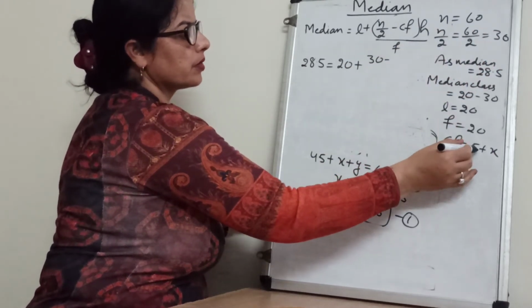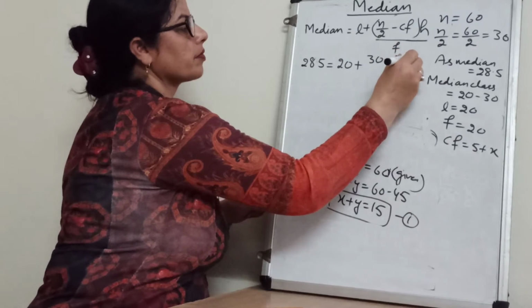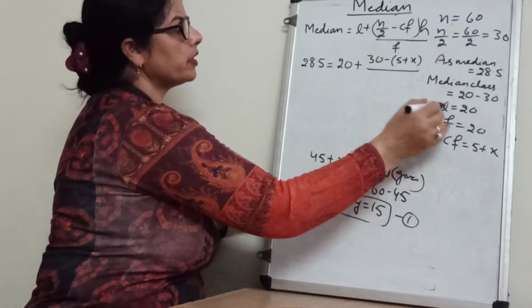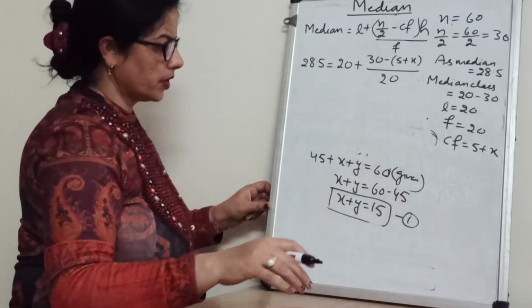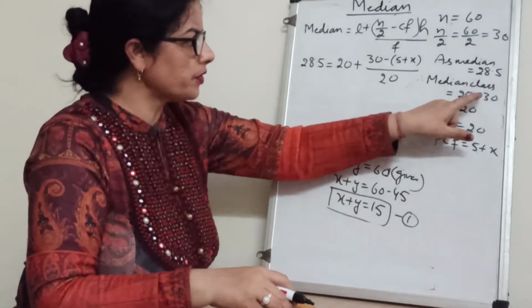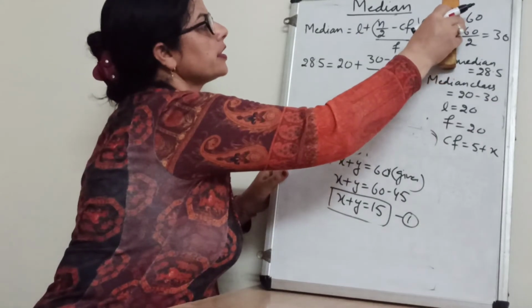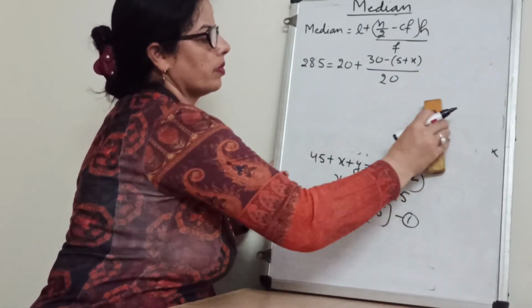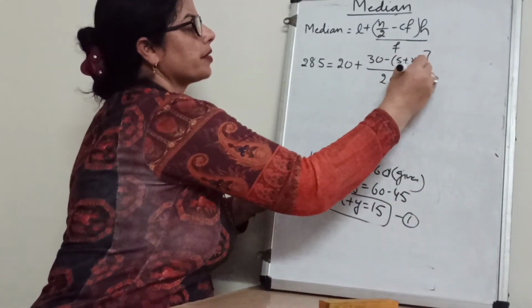CF means 5 plus x. And f is also given. f is what? 20. And what is h? The gap is of 10. h is 10 here.